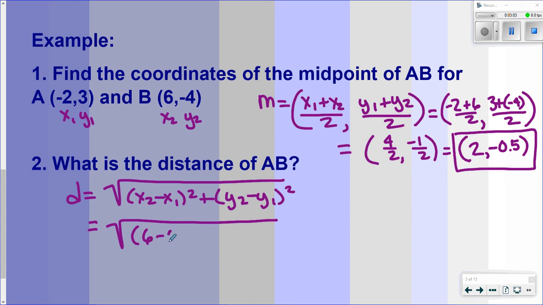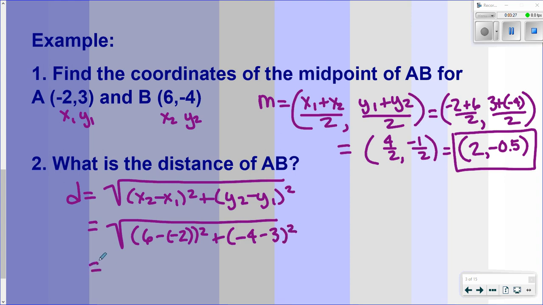So that's negative 2. If there's a negative number behind a minus sign, make sure you put in parentheses, because then you're going to get a totally different number if you have 6 minus 2 and completely forget about that negative. And don't forget your squares. And this one is minus 3.